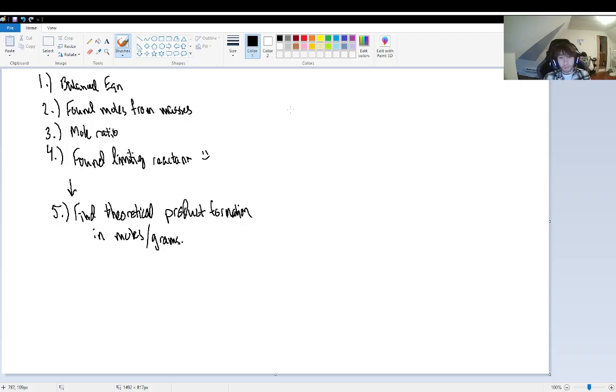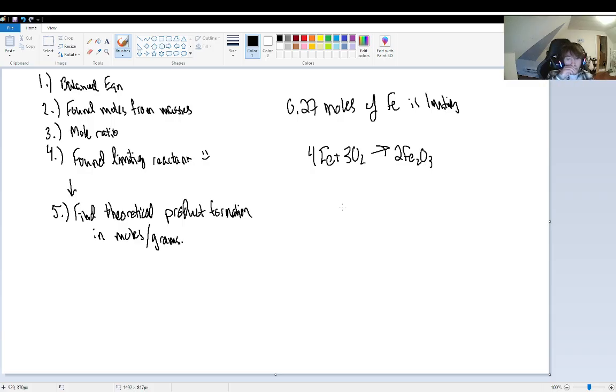So I said that 0.27 moles of iron is limiting in this reaction. If I really wanted to find the number of moles of ferric oxide, I would have to think: if I have 0.27 moles of iron, how much product is it going to give me?